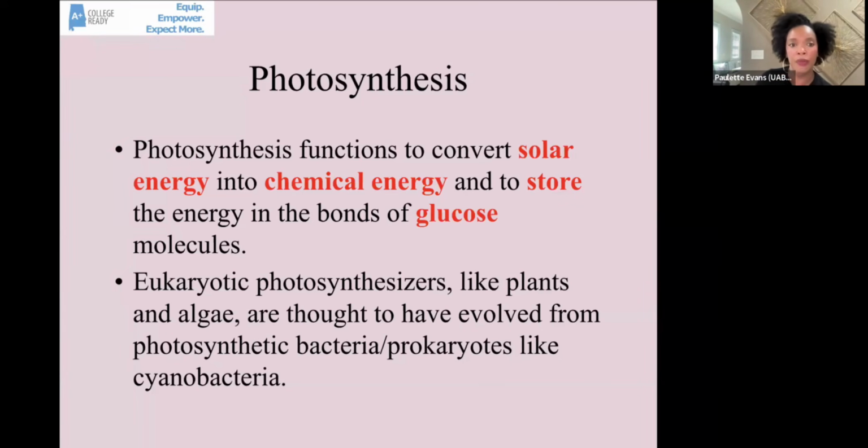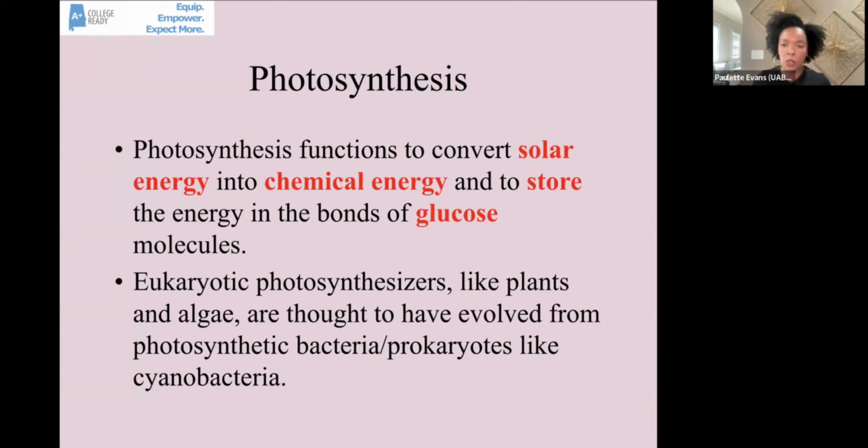It's a carbon-based molecule. Eukaryotic photosynthesizers like plants and algae are thought to have evolved from photosynthetic bacteria or prokaryotes like cyanobacteria. So, another extremely important point: knowing what types of organisms can do photosynthesis and which ones cannot.